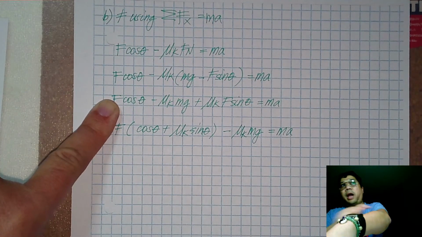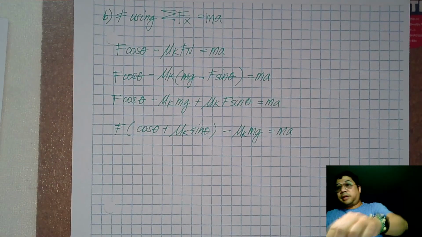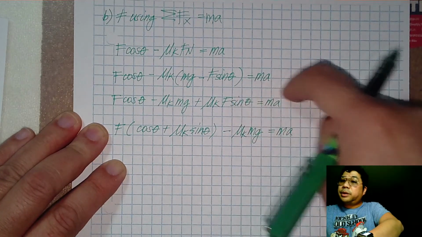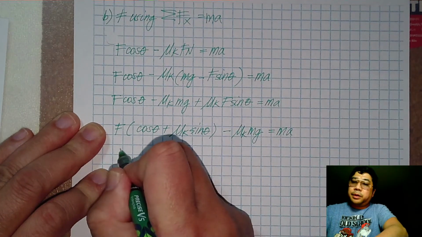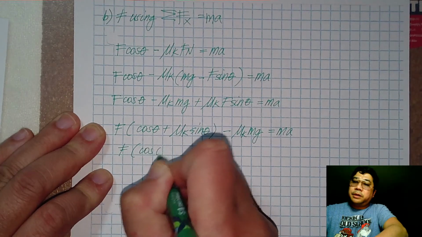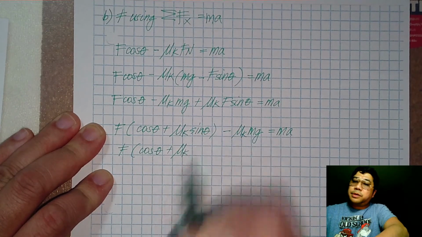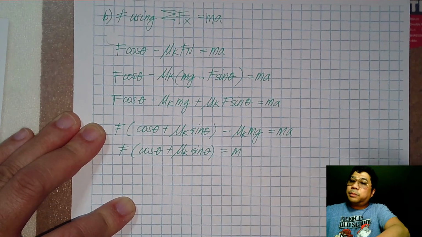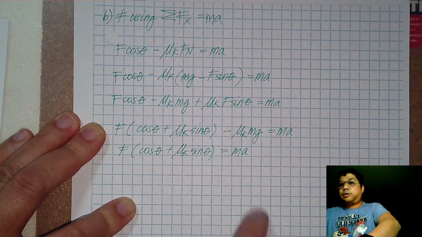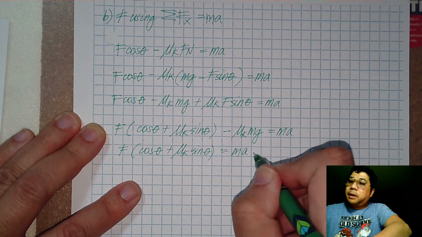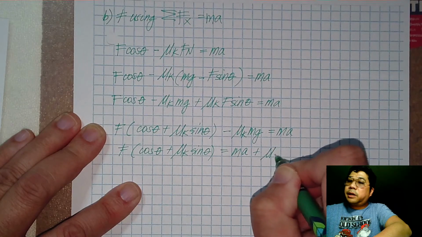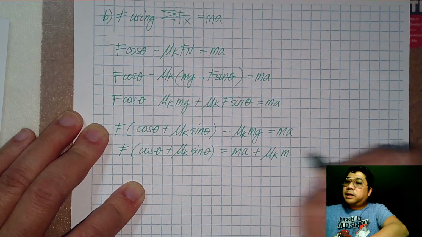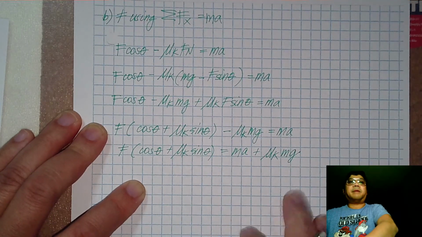Now I want my F to be on one side of the equation only. So let's transfer this to the other side of the equation. So now I have F cosine theta plus mu sub k sine theta, and that is m multiplied by the acceleration due to the applied force F plus mu sub k, the coefficient of kinetic friction, multiplied by mass and the acceleration due to gravity.